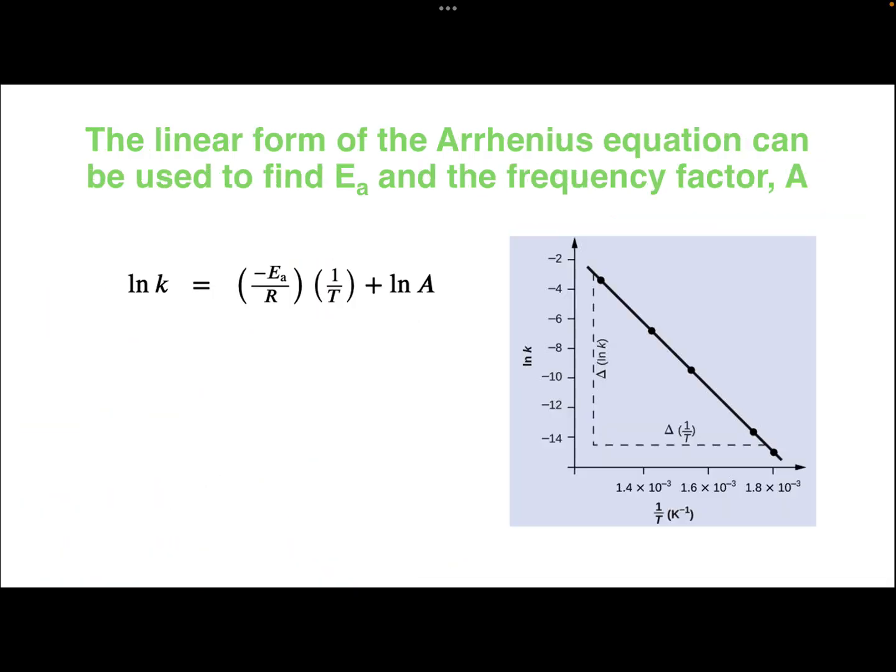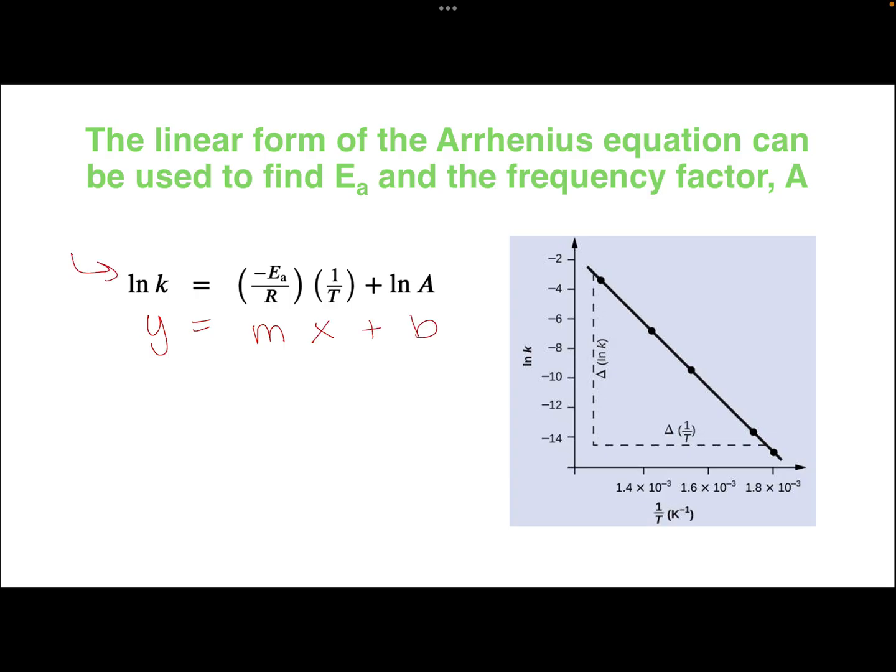The reason why we did that is because this is very similar to what we did with the integrated rate laws. Now we have something that looks like y equals mx plus b.